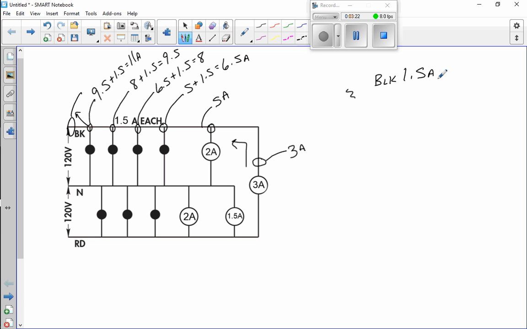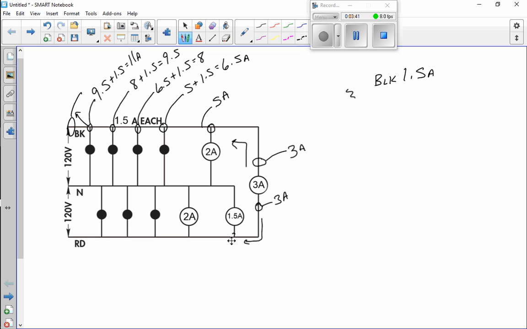Okay, now the next question asks you the same situation. Nothing has changed. It's asking you what's going to be on the red wire. So once again, I've got 3 amps. I'll be going more in a clockwise direction now.